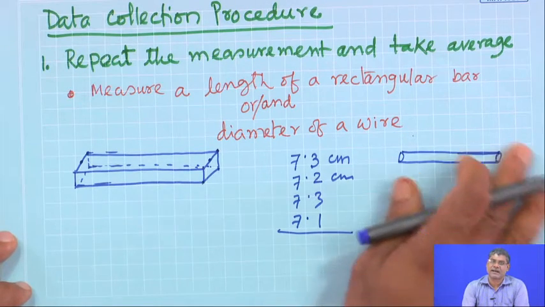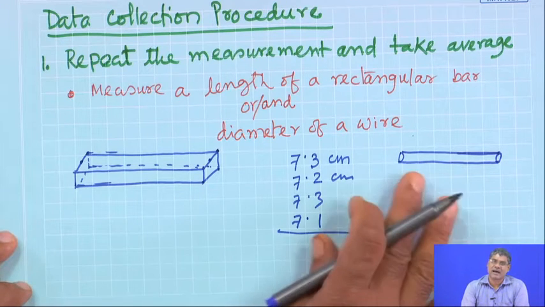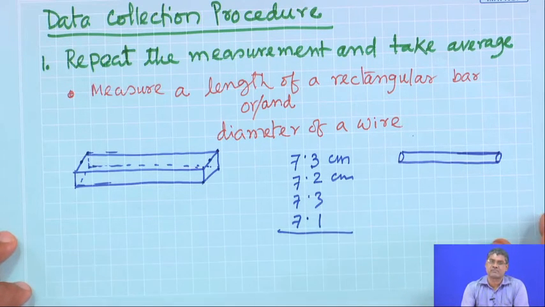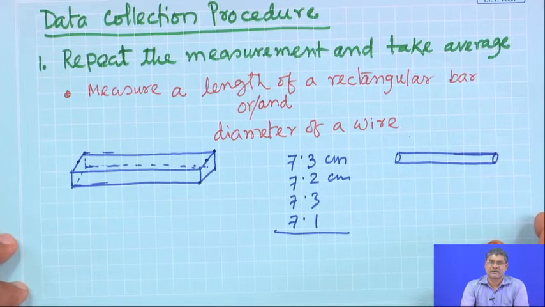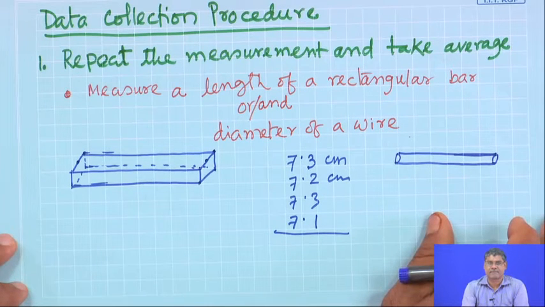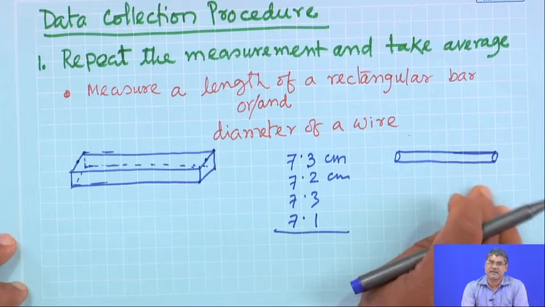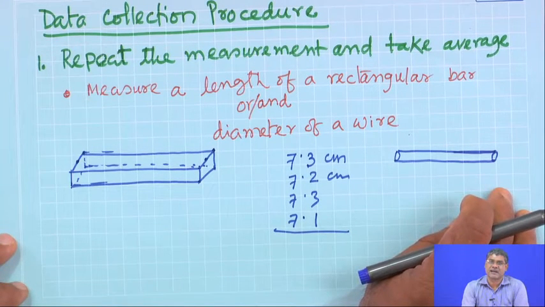Someone has fabricated this wire and tried to make it a uniform cross section, but that may not be the case in reality. Considering that, I can minimize this defect, or minimize the error in my measurement, just by repeating the measurement and taking the average.